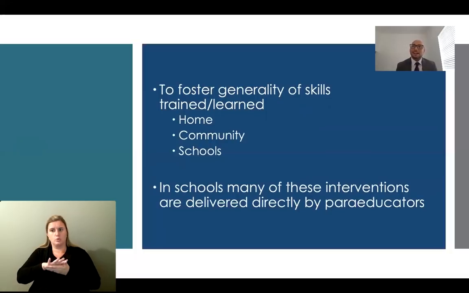Students spend the majority of their time in schools in most cases. When these interventions are implemented in schools, paraeducators at times are the ones in charge of the direct delivery of these complex, individualized, specialized interventions.